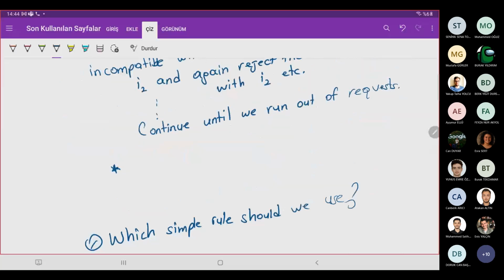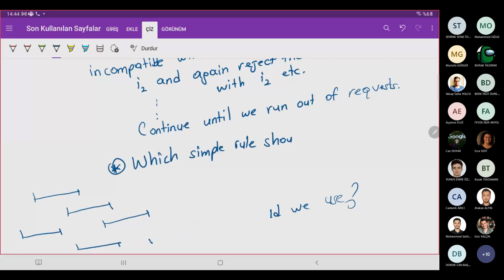So I have a set of requests. Maybe these ones, could be others, I don't know. It might be anything, okay? And here, the requests all have value 1. So it's a little bit different from the first one. Actually, it's the same problem.